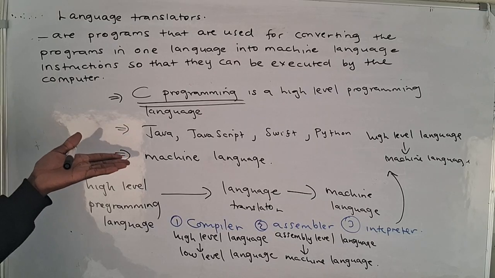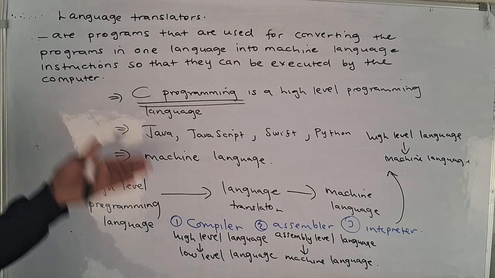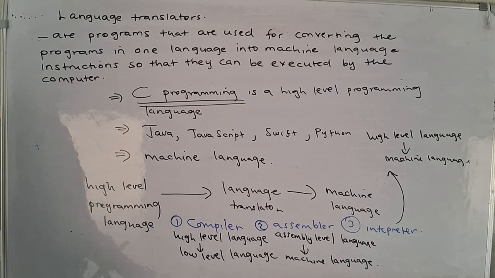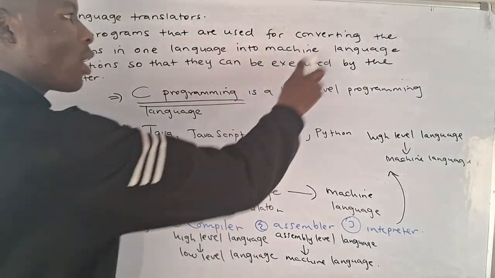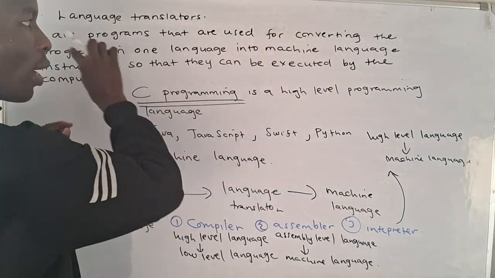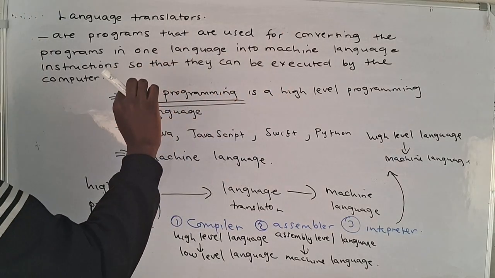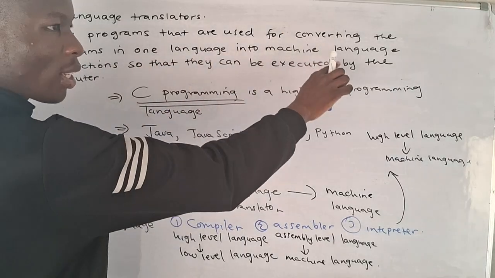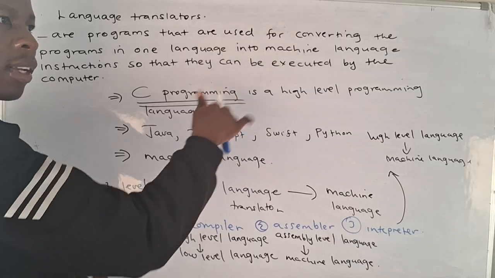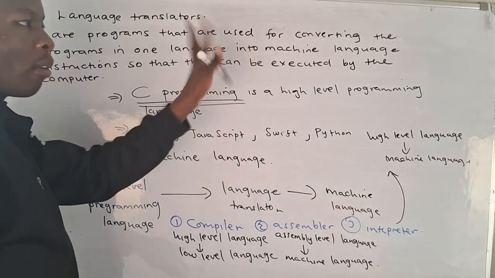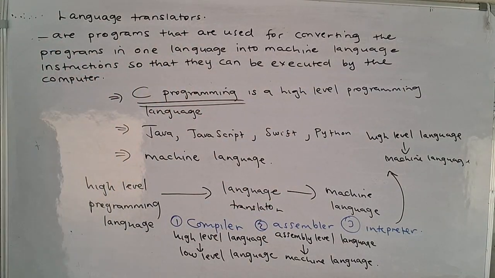But what is the drawback behind this? This is slow, because it goes slowly. You are writing a statement, and the moment you move to the next statement, it will execute the previous one. It will check for errors. If there is an error, it will tell you. If there is no error, it will allow you to move to the next part.